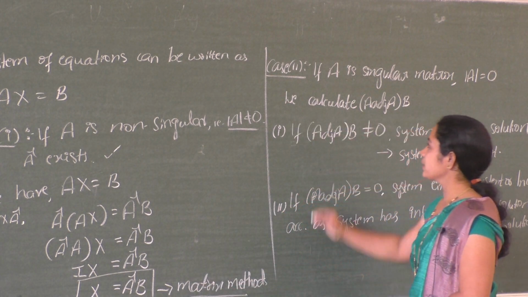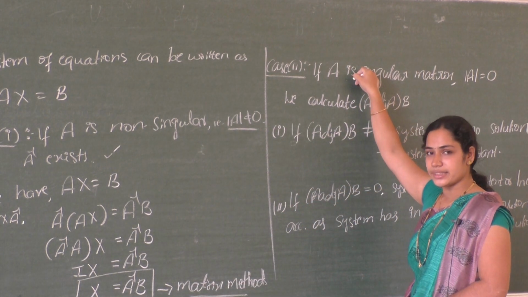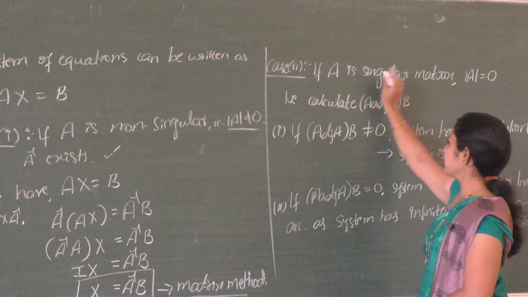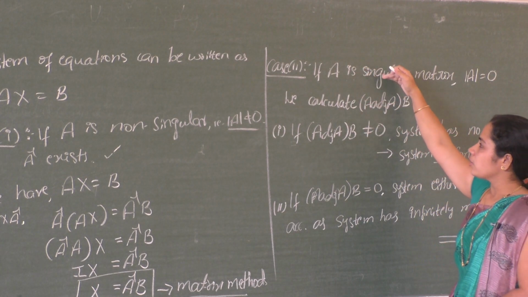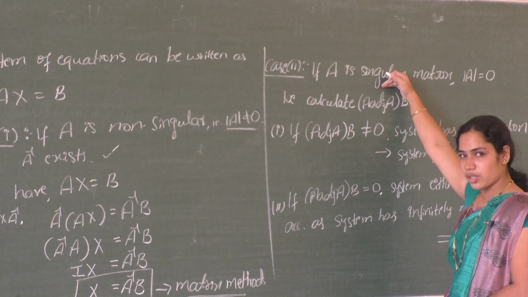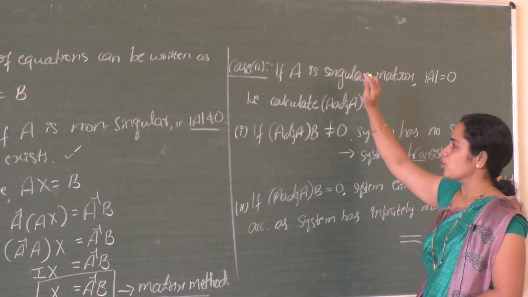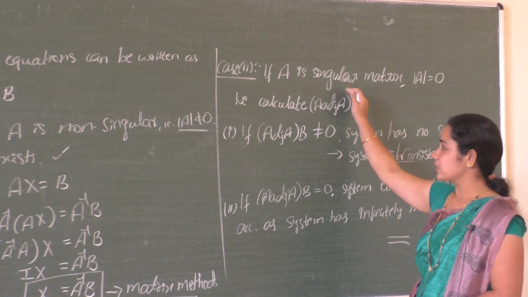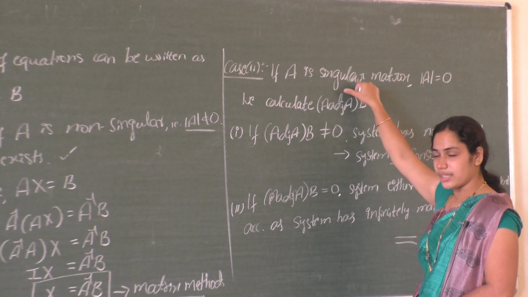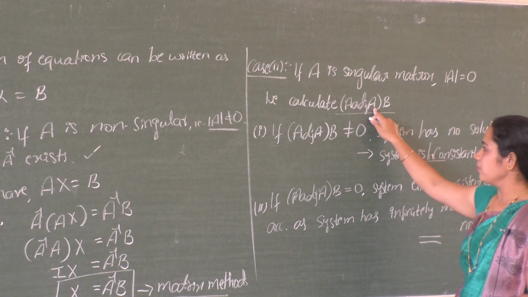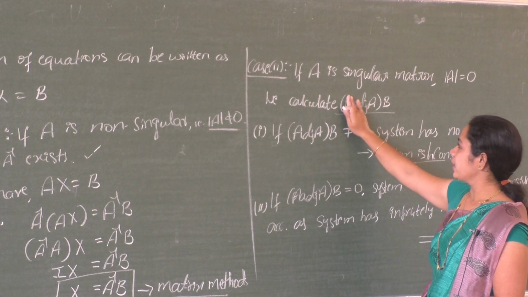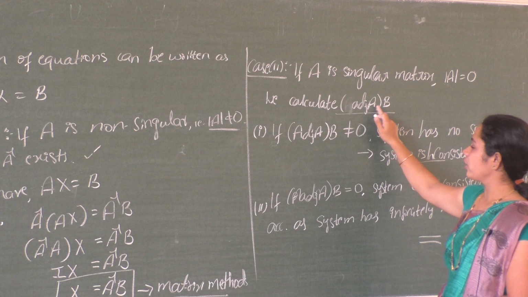Now, suppose determinant of A is 0, that means A is singular. In that case, to check whether a solution exists or not, that means to check the system is consistent or inconsistent, we need to calculate adjoint of A into B.